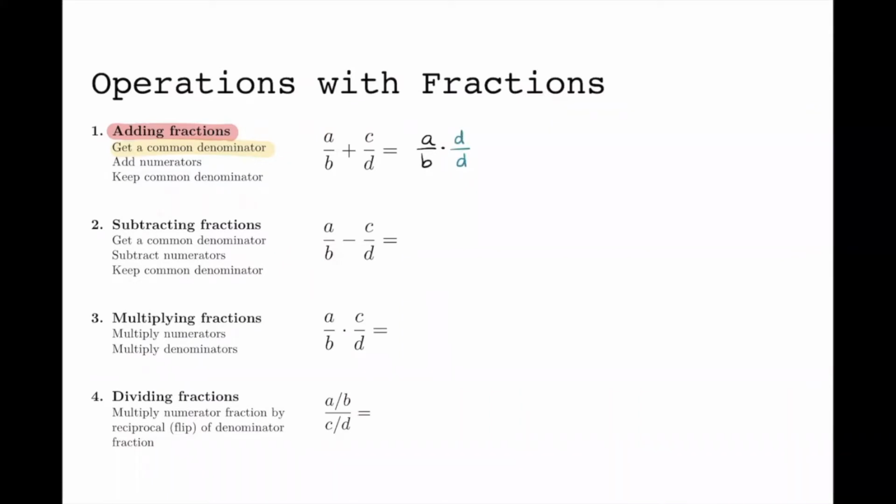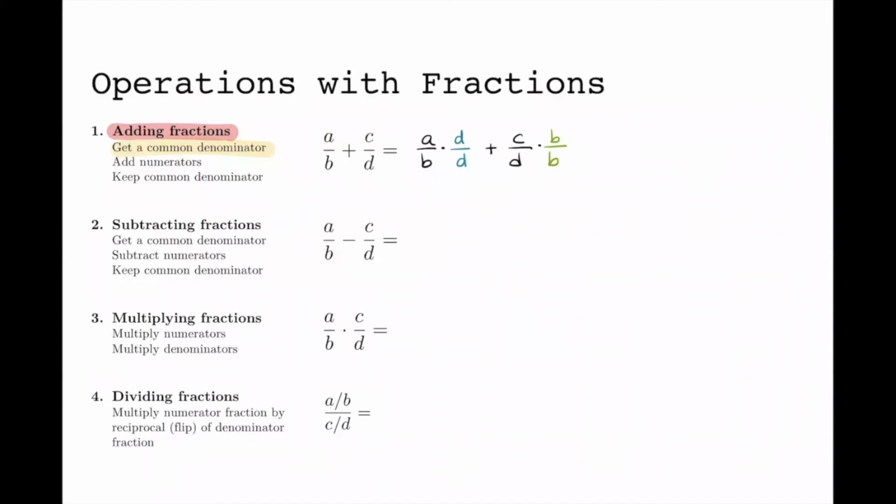The reason why we can do this is because d over d, or anything over itself, is just equal to 1. And if we multiply anything by the number 1, we just get itself out. So multiplying a over b times d over d doesn't change the actual value of it, even though it looks different. Then c over d, the second fraction, can be multiplied by b over b in order to get our common denominator of b times d.